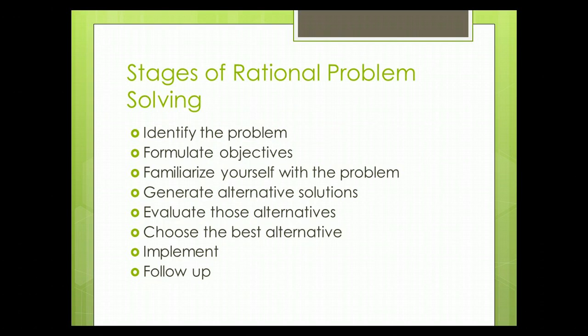Then once we've evaluated all of our alternatives, we're going to choose the best one. So we'll decide based on the costs and benefits and outcomes, what is the best alternative for dealing with our problem of lateness, or what is our best alternative for selling $1,000 worth of Girl Scout cookies.